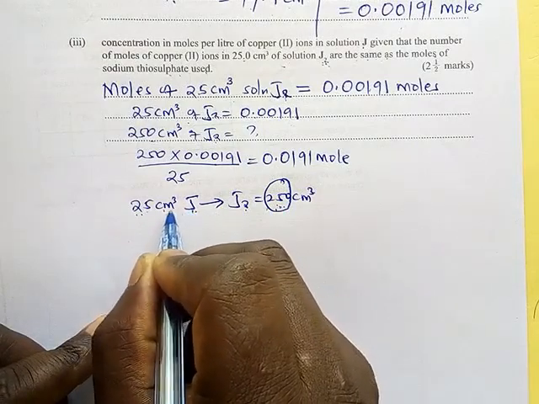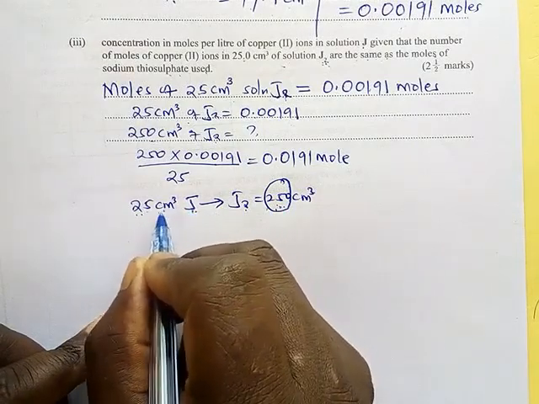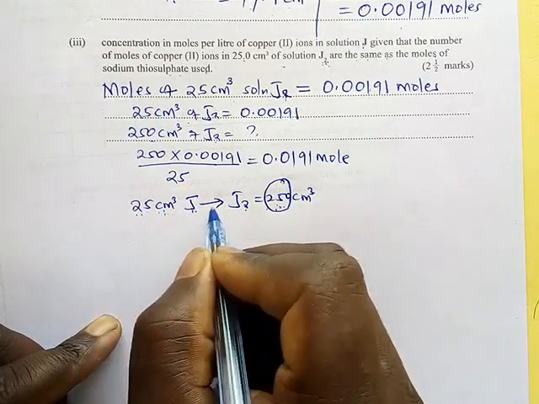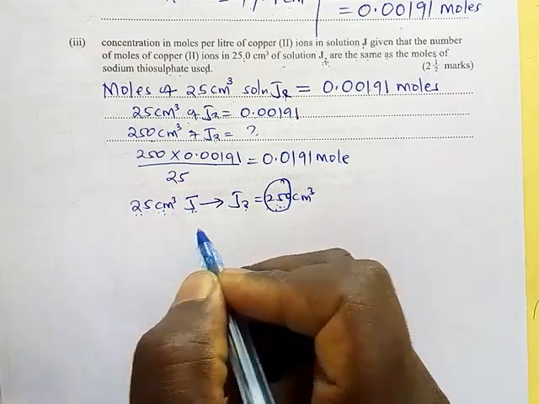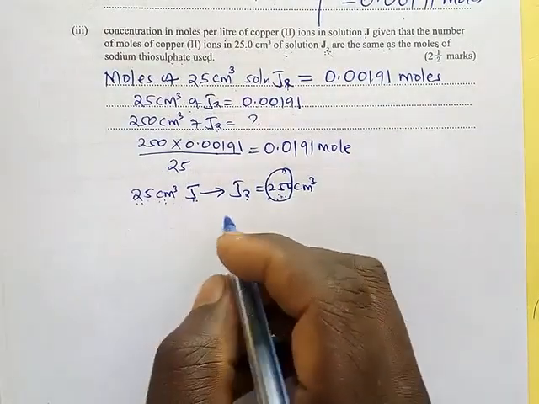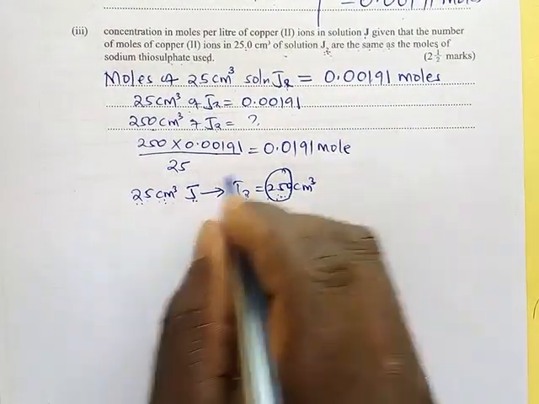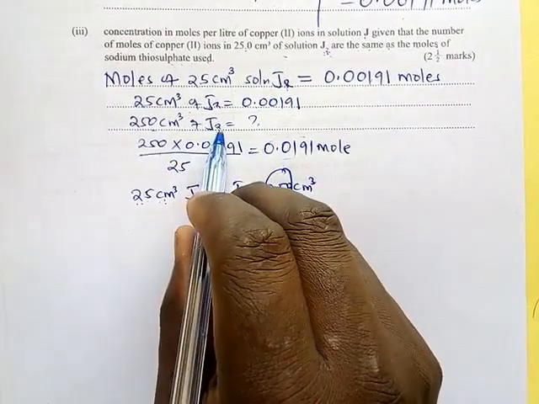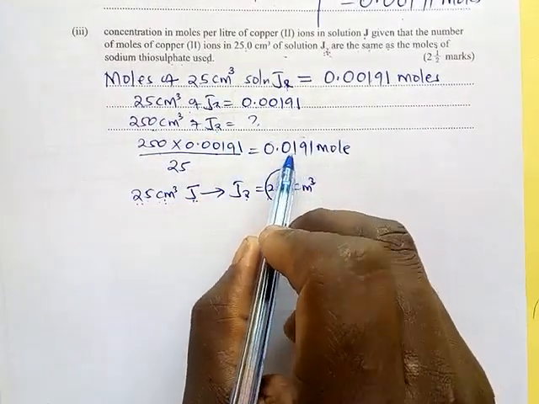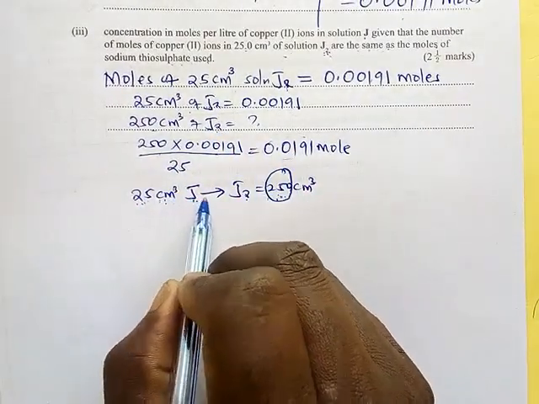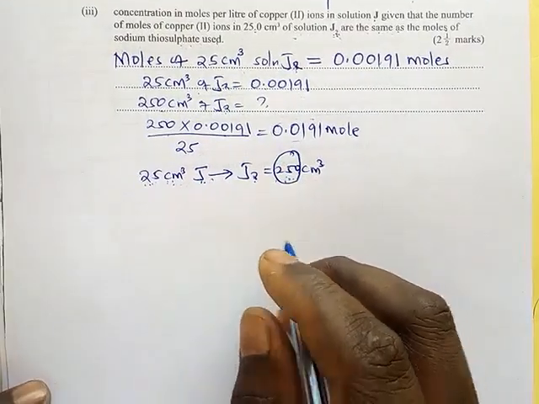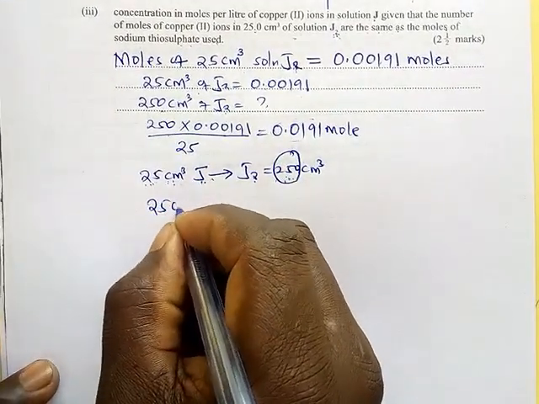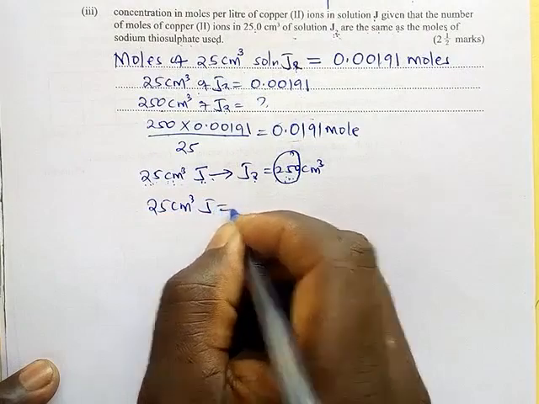The number of moles does not change. What changes is the concentration when you dilute a solution. So the number of moles in 250 of solution J2 will be equal to the number of moles in 25 centimeters cube of solution J.